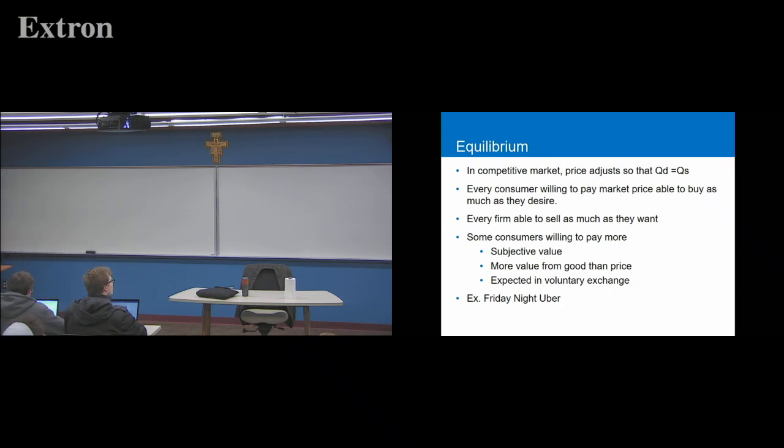So when there's voluntary exchange, we'd expect that some people get even more value from a good than what they have to give up to get it. And the same for firms, that they would rather have the money that they're getting than the product that they're giving up. So an example of consumer surplus is an Uber on a Friday night.